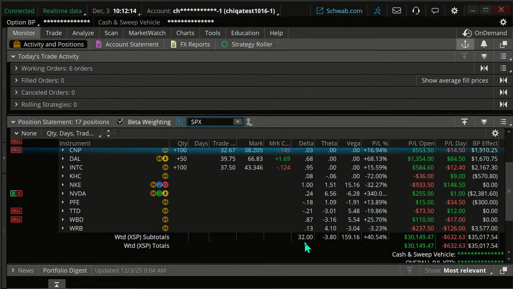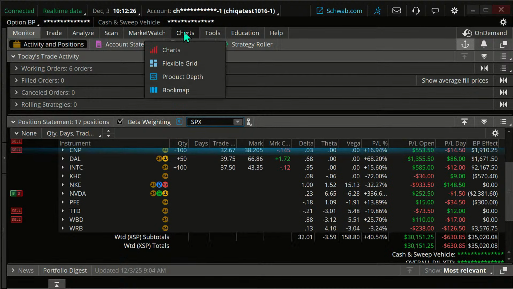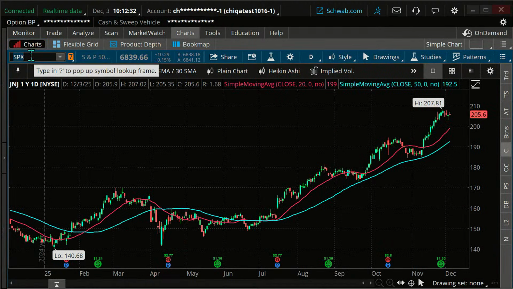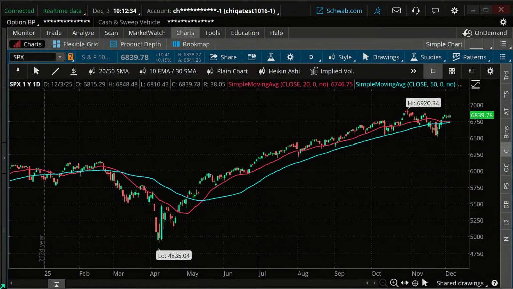Okay. Well, how much does that really mean in terms of a move? $32 essentially per point move on the S&P 500. Well, how big is the S&P 500? The S&P 500 is at 6,800 something right now. Let's do SPX. It's at 6,839.